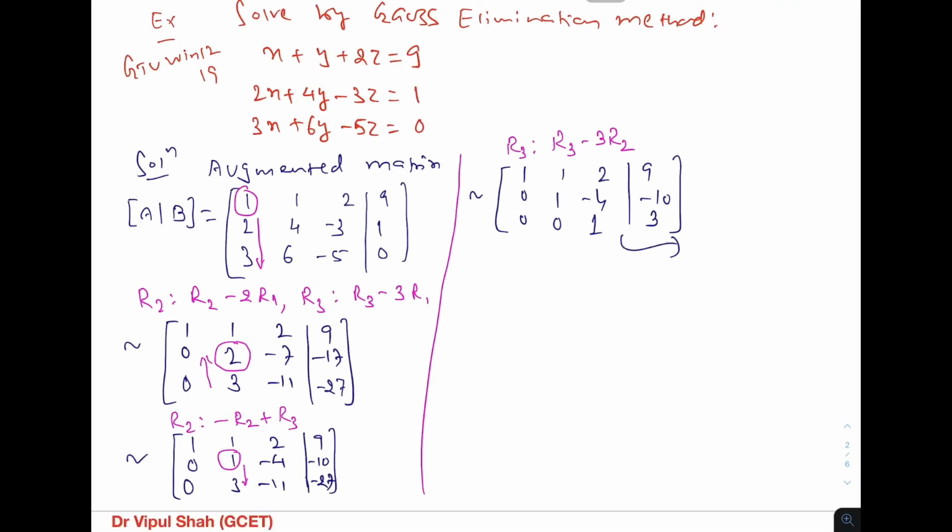And this is in the row echelon form. Once it is in row echelon form, we can now solve the system by taking the last row, then the second row, and then the first row. So from this row, the variables x, y, z: this is z equal to 3.